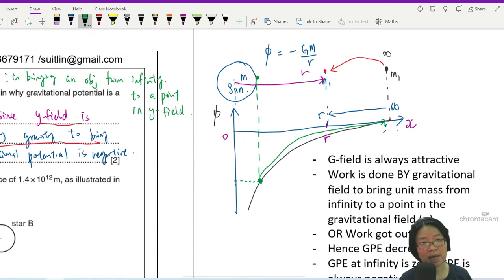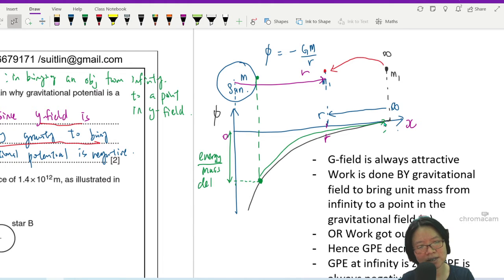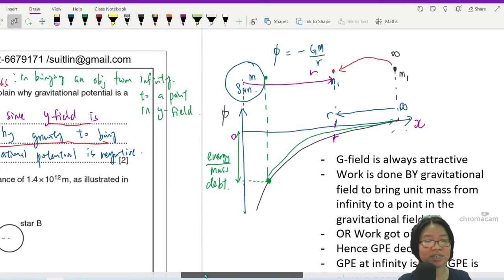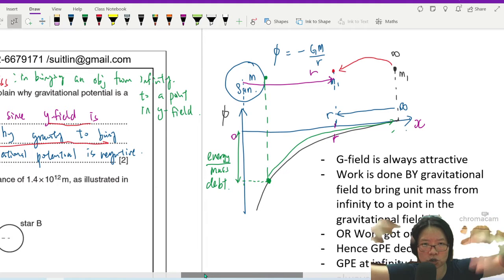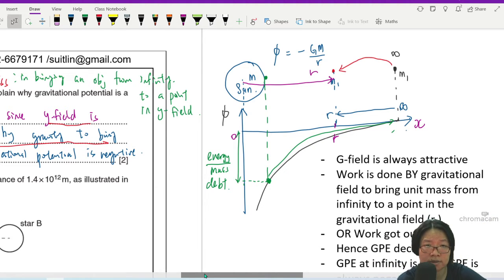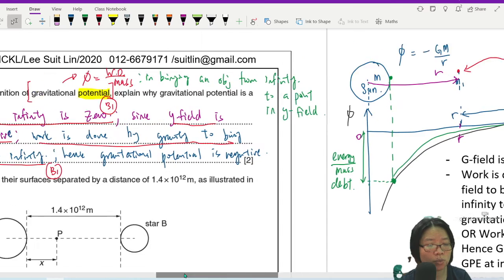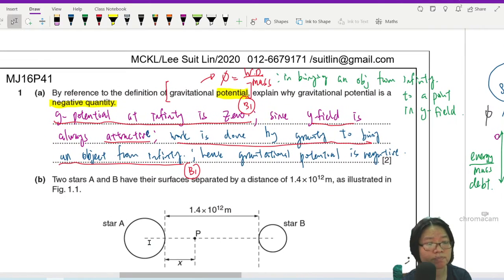So I need to repay this much energy per unit mass. You owe the Earth energy. Once upon a time when the solar system was formed, gravity did the work to pull all your molecules together and put them on this planet. You want to run away from the planet? Can. Pay back the energy debt. Which is essentially what this second part of the question is talking about.